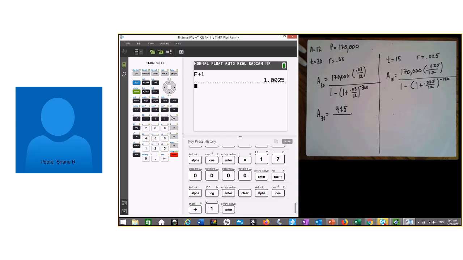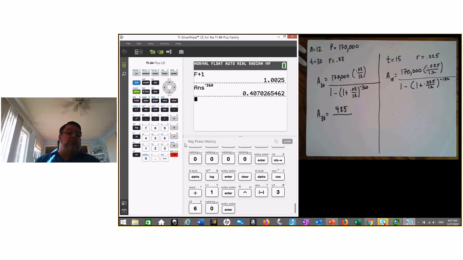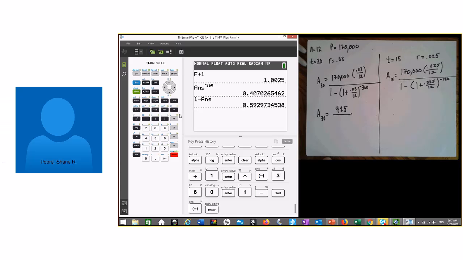That's 1.0225 raised to the negative 360 equals. 1 minus second negative symbol, and that is my denominator.